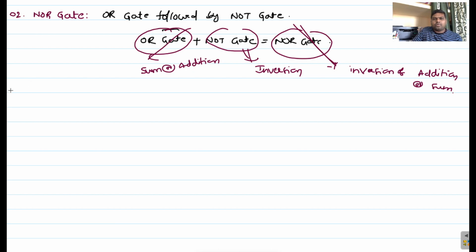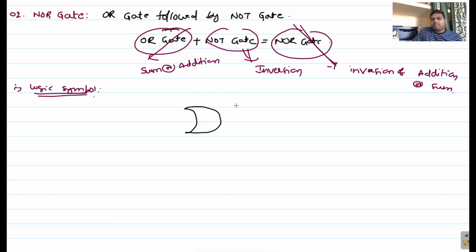So when it comes to the logic symbol, here this is the OR logic. So here, the inversion of the addition function: this OR gate provides addition, right?